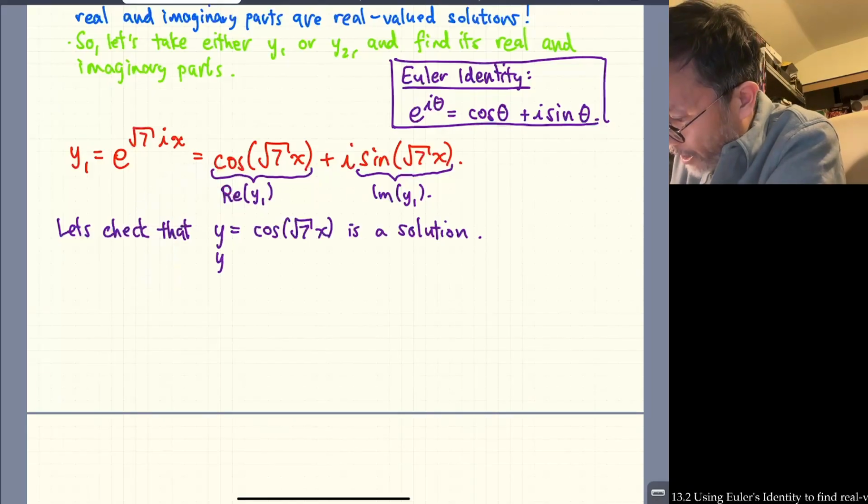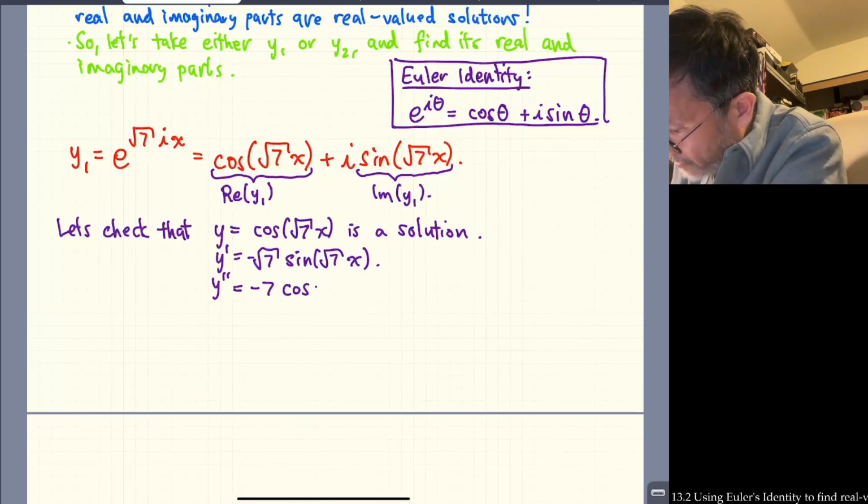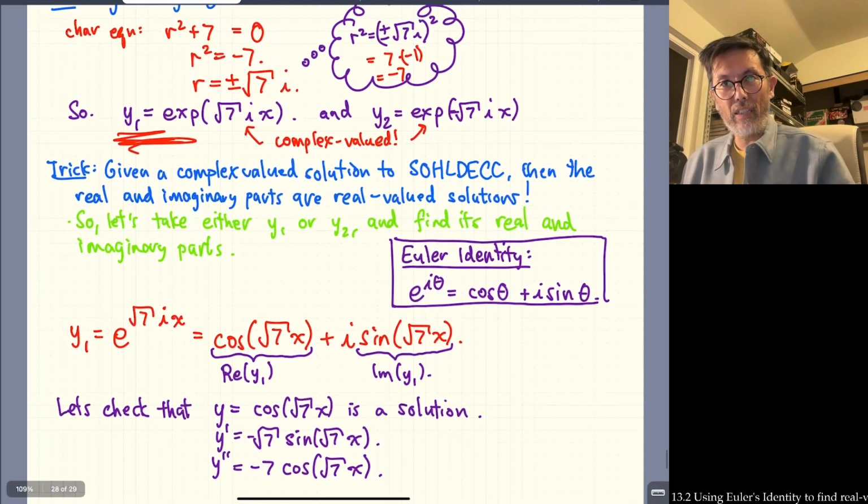So what's y prime? Well, that's negative square root of 7 sine square root of 7x. And what's y double prime? Well, it's negative square root of 7 times square root of 7, which is 7, times cosine square root of 7x.